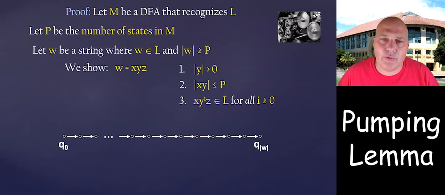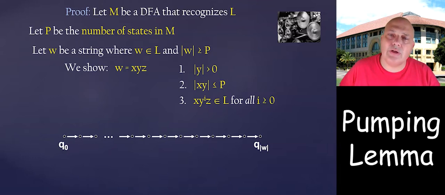So let's look at the path of calculation on M when it reads the string w. You start with the state q0 and you go through |w|+1 states, which is larger than p, because w is at least p long, meaning that there exist at least two states that are the same.